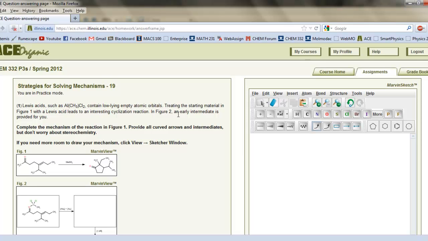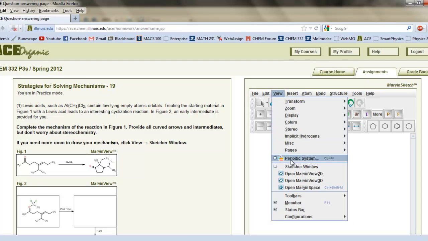Complete the mechanism of the reaction in Figure 1, provide all curved arrows and intermediates, but do not worry about stereochemistry. If you need more room to draw the mechanism, click View Sketcher window. I already did that. So, Lewis acids contain low-lying atomic orbitals. This is going to lead to an interesting cyclization reaction.